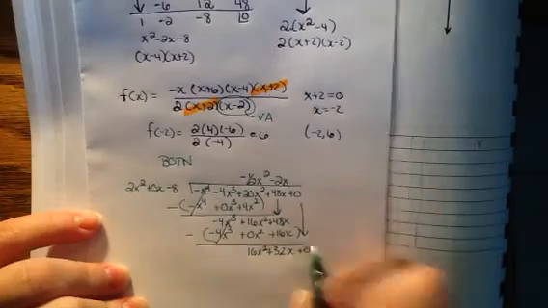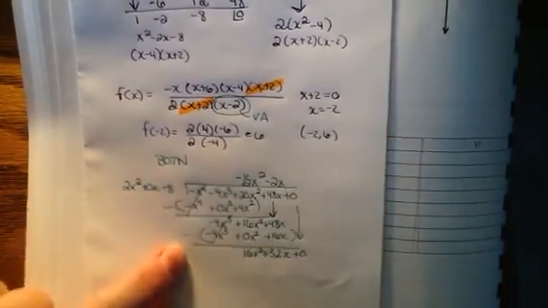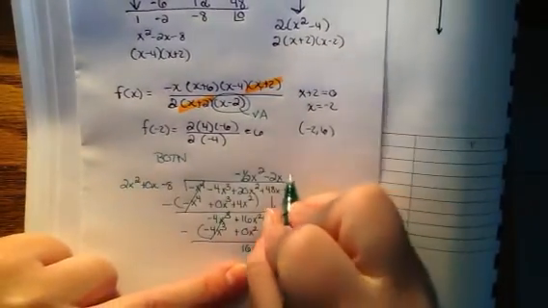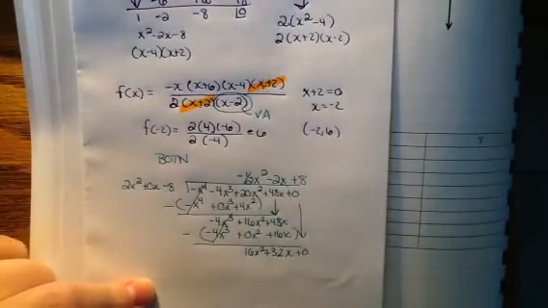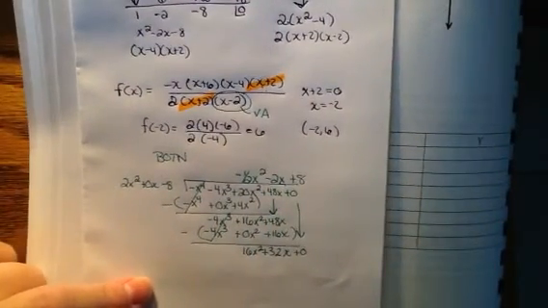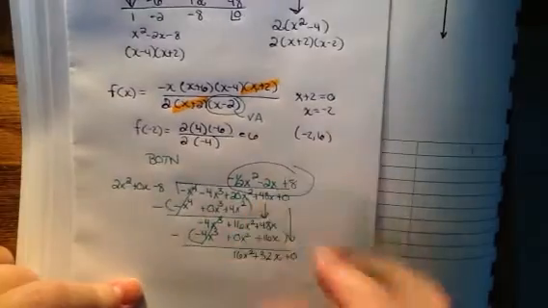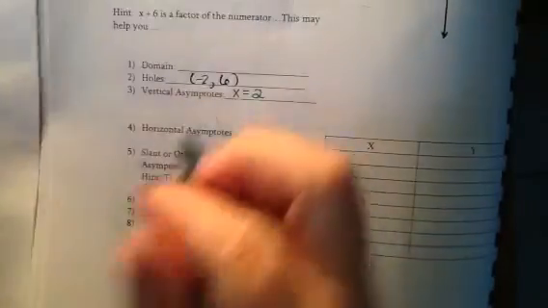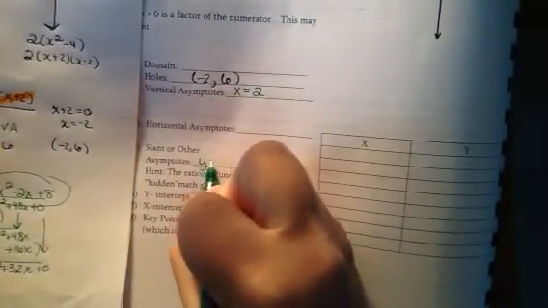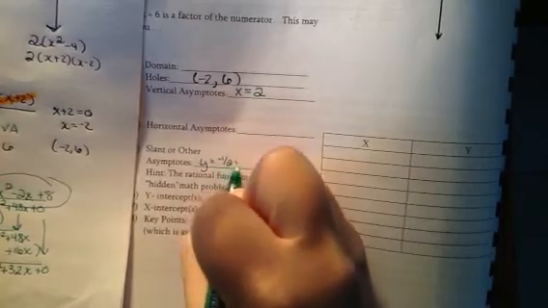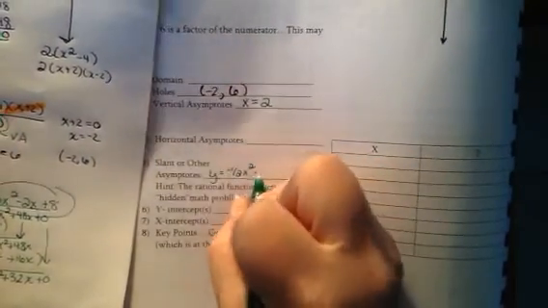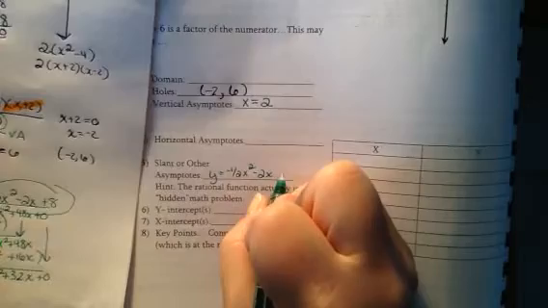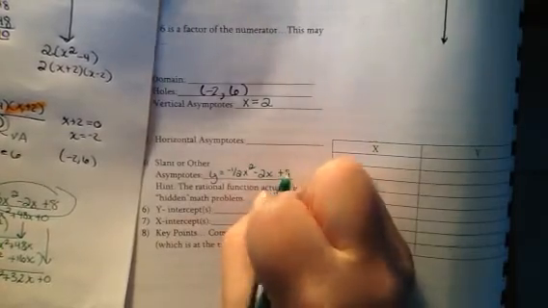And you can drop down your 0. To make 2x squared look like 16x squared, I need to do plus 8. And then anything after that's just going to be a remainder. So there's my parabolic or other asymptote. So I'm going to write that on my line. So y equals negative 1/2 x squared minus 2x plus 8.